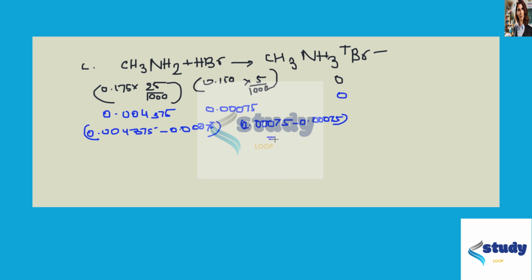So here we have 0, no acid is left. The amount of base that's left behind, because remember it was in excess, so some of it is still in your solution. And the amount of salt formed will be 0.00075, right?